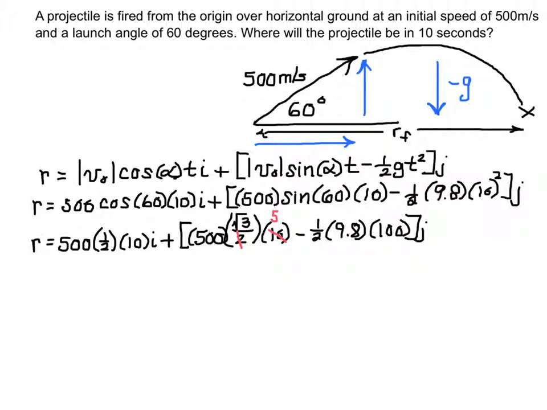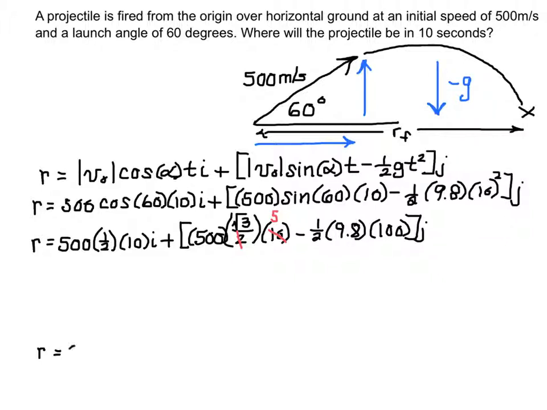Okay, so what we get is that our location, r, is equal to 5. We have 5 times 1,000 is 5,000. 1/2 of 5,000 is 2,500.